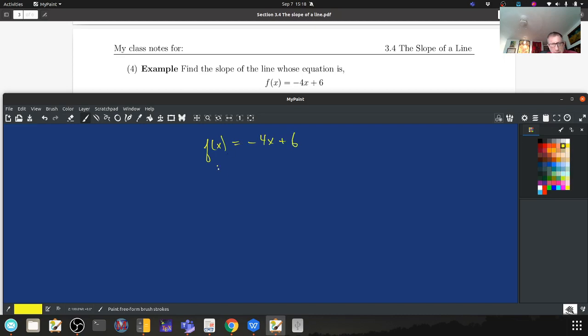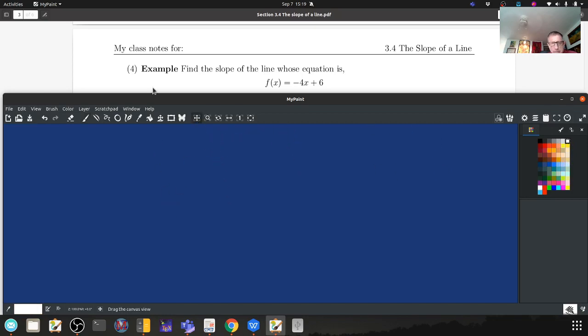And we change f of x to y. Y is equal to minus 4x plus 6. And we remember that y is equal to mx plus b is the slope-intercept form, where m is the coefficient of the x term, which is equal to minus 4. So the slope is equal to minus 4.